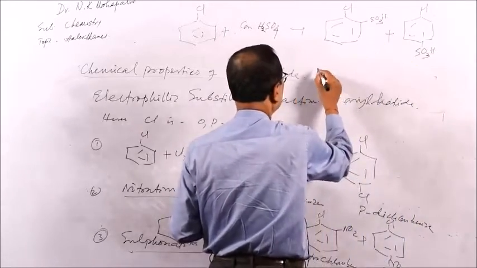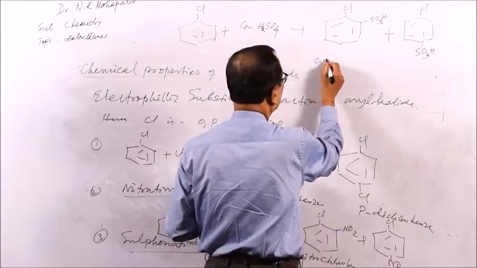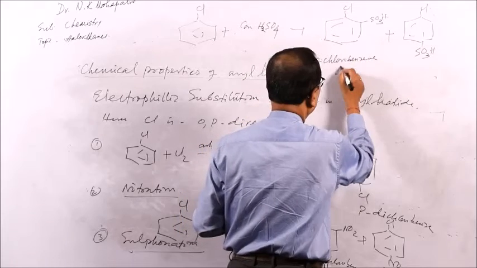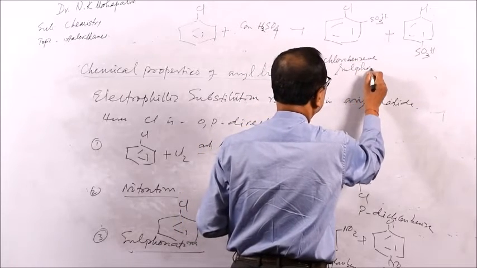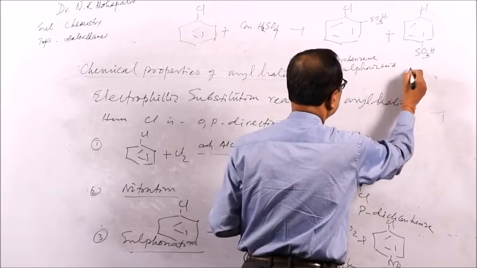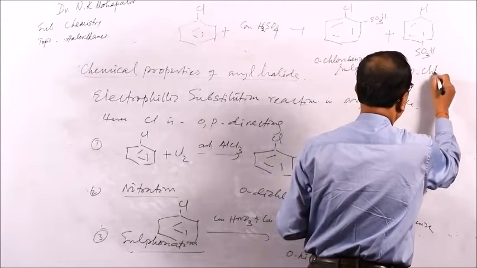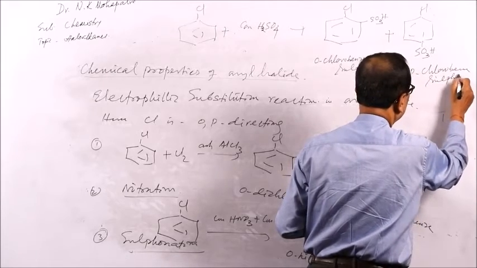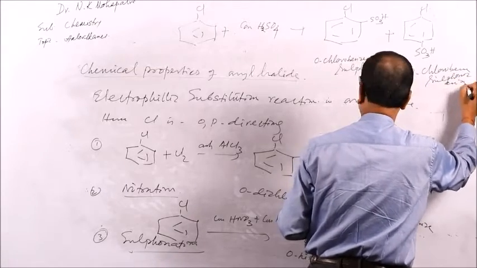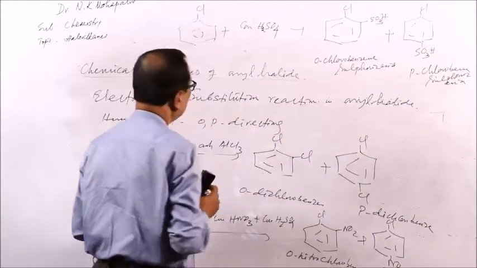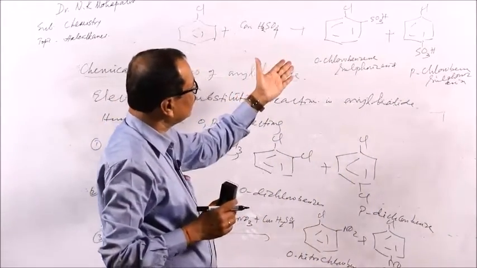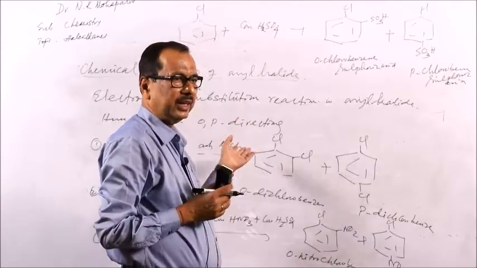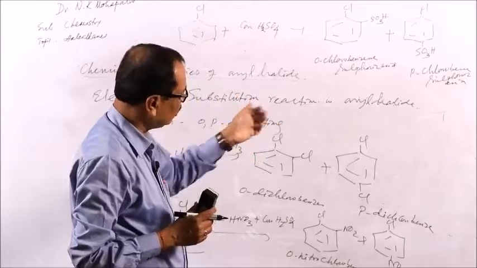This is orthochlorobenzene sulfonic acid. This is parachlorobenzene sulfonic acid, right? So these are the electrophilic substitution reactions where the electrophiles are substituting the benzene nucleus. Since the halogen atom is ortho-para directing, we are getting ortho and para products.